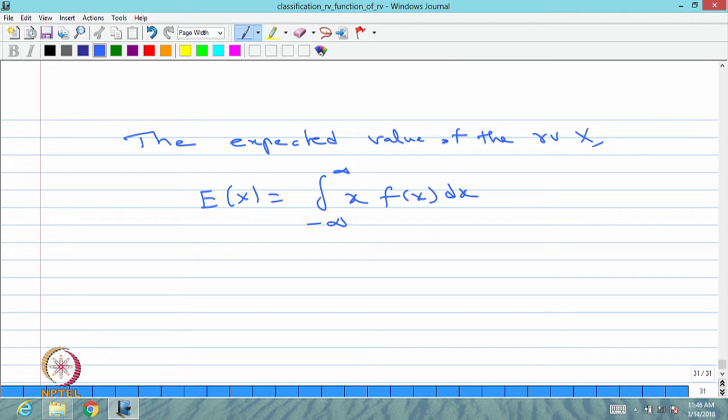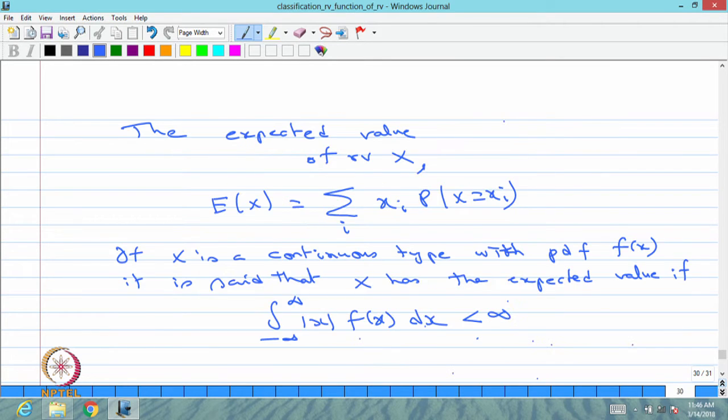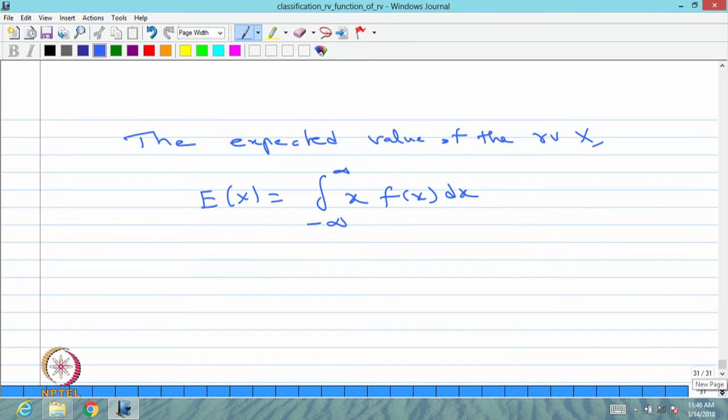Note that the integration from minus infinity to infinity of f of x dx is 1, because f of x is a probability density function, whereas here, if the integration of absolute x f of x dx is a finite quantity, then you can say that the expected value of the random variable x exists, and that value is E of x. It is a notation that is the same as the integration from minus infinity to infinity of x times f of x dx.